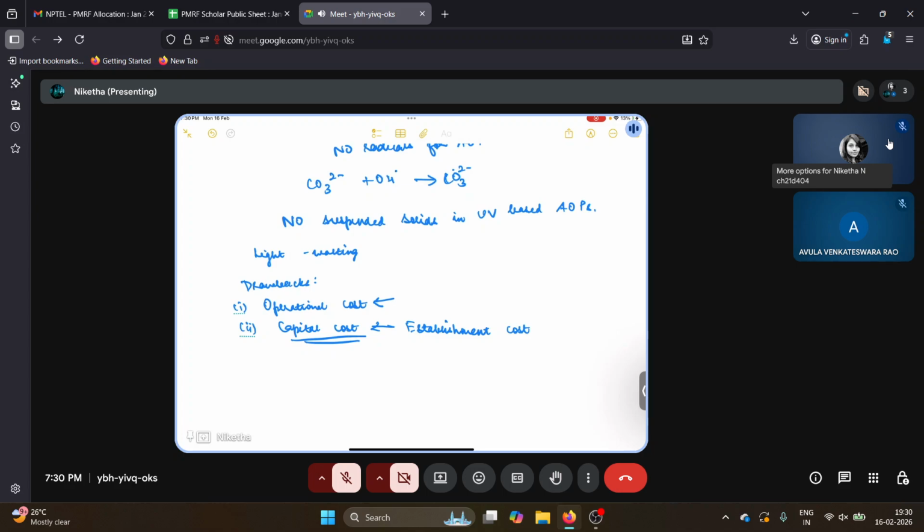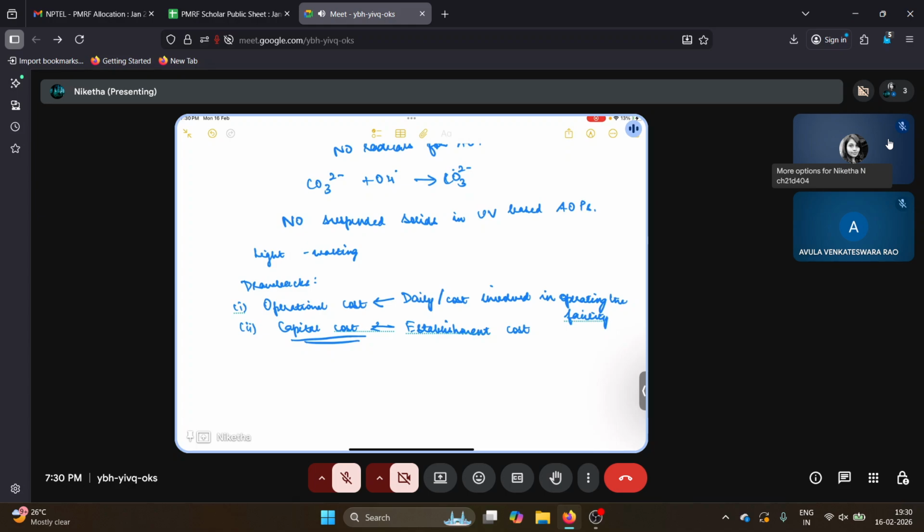All of this is operational cost. So operational cost means daily cost, or cost involved in operating the facility. So these are the two types of costs, not just for this process, for any kind of process. There are two different types of costs.